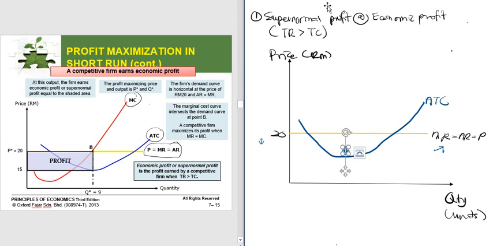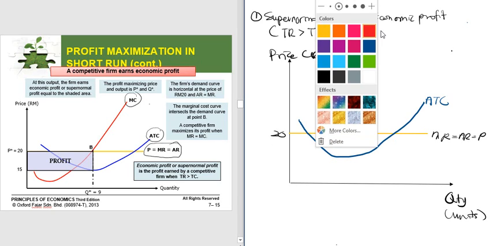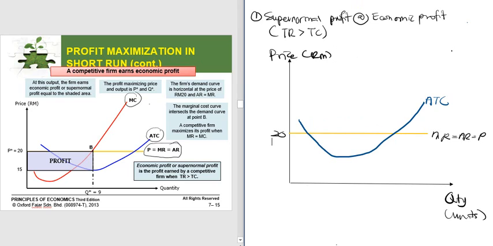Next is for you to draw the marginal cost curve. Like what you have learned in the previous topic, your marginal cost curve must intersect the minimum ATC. So you draw it somewhere here, and label it as MC. Now you have the marginal cost, the average total cost, and the average revenue.